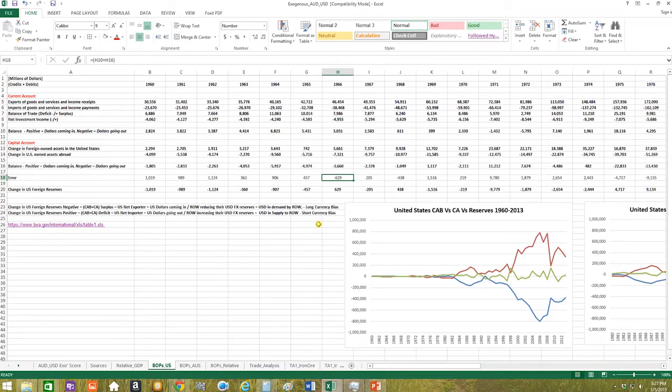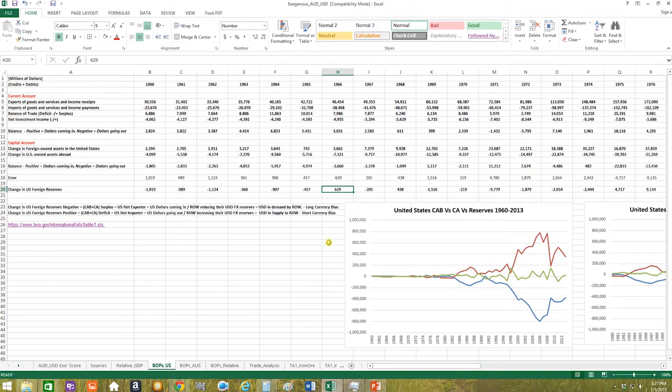And the rest of the world is receiving this $629 billion. And it might be across many different countries, but the rest of the world is receiving $629 billion. So their US dollar reserves are going up in value. The rest of the world is being supplied more US dollars.